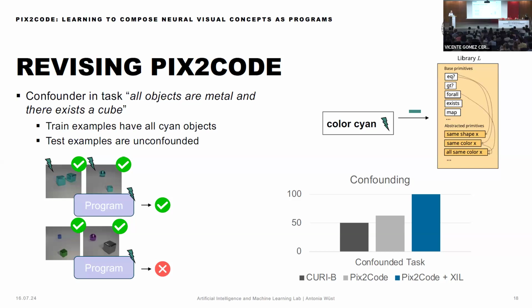And for this scenario, if you identify this confounder, you can just remove the color cyan from the library, so the primitives that are responsible for checking that objects have the color cyan, and then retrain the model. And by that, you can overcome this confounding. So the program is not looking for the color cyan anymore. And this is also a cool aspect because you don't have to change your data, you just have to edit the library here.